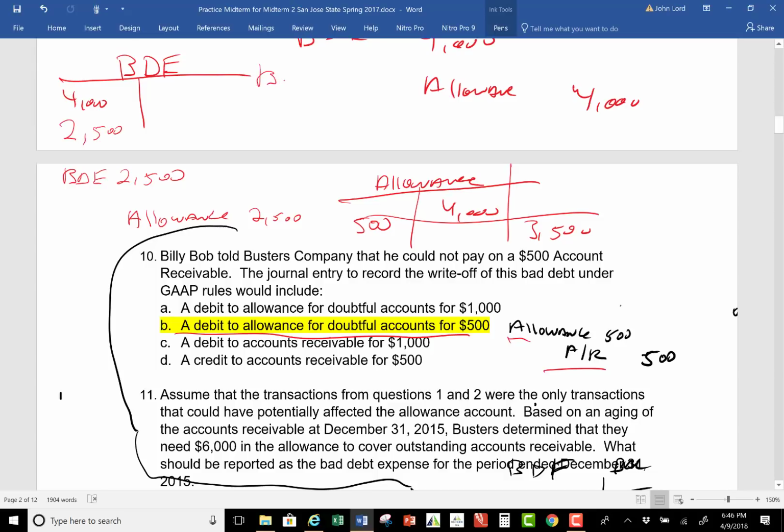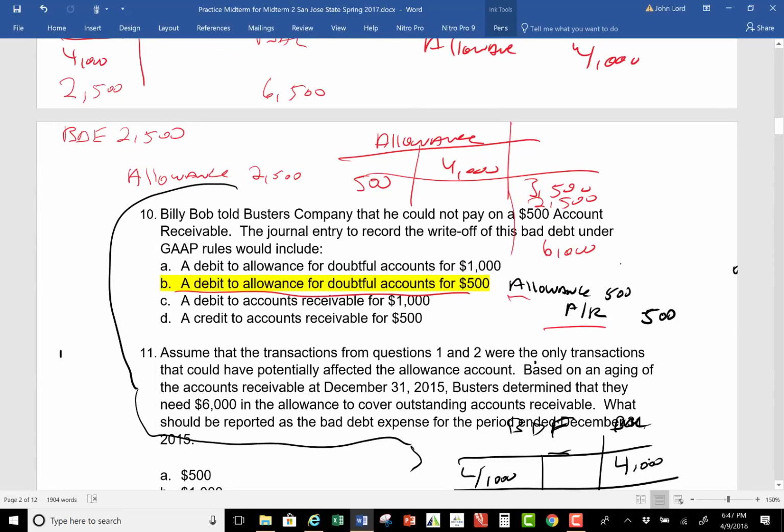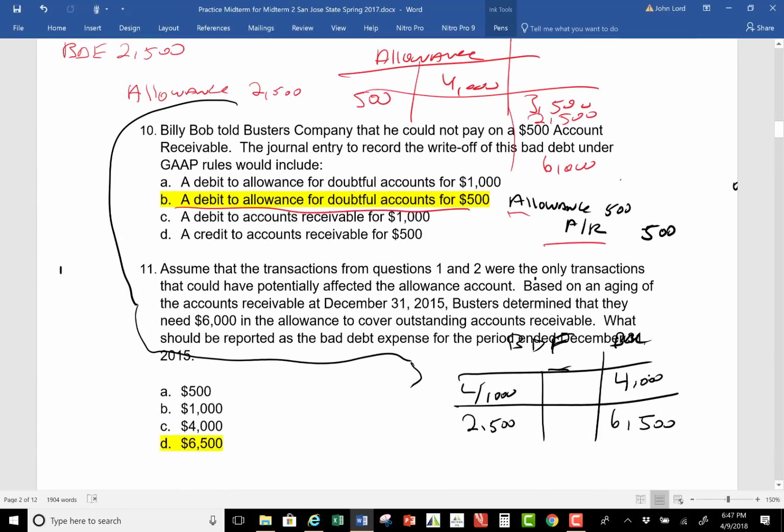I'll just put the balance over here. 6,500, right? And the allowance now, since I put another 2,500 in there, has 6,000 in it, which is what I want. Okay, so I got what I wanted. So what is the total bad debt expense for the period? You see I kind of wrote it over here too. 6,500, right?